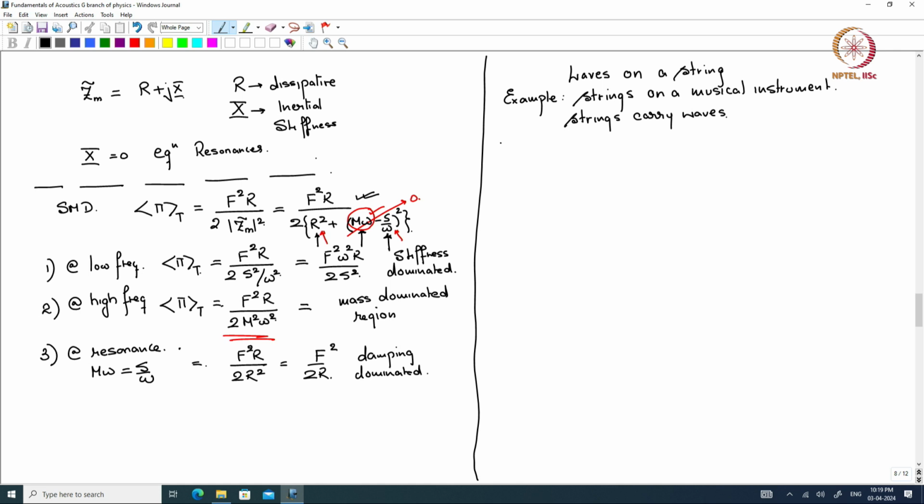Now there are a certain set of assumptions. The first of these assumptions is that the string is under uniform tension.